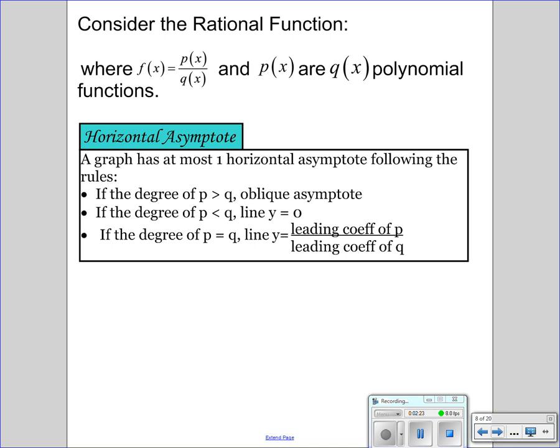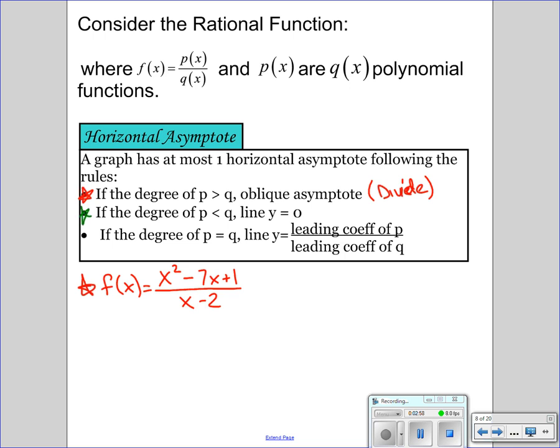If the degree on the top is bigger than the bottom, for example x squared minus 7x plus 1 over x minus 2, that's what we call an oblique asymptote. What you're going to have to do is divide the top into the bottom. We're going to go through an example of that tomorrow.